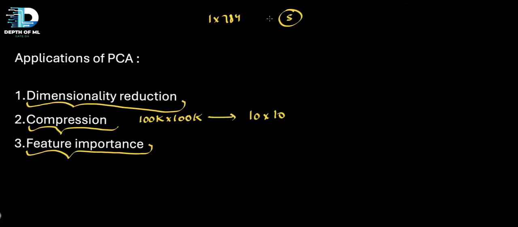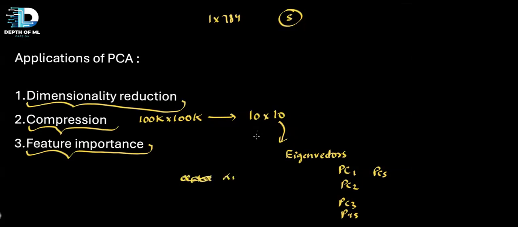Is it also 1 cross 784? That's a good question. What you will do is you will only store those eigenvectors. I should have elaborated on that. You will store PC1, PC2, PC3, PC4 and PC5. You will store these 5 eigenvectors and you will store these coefficients. And that's where compression is coming from.